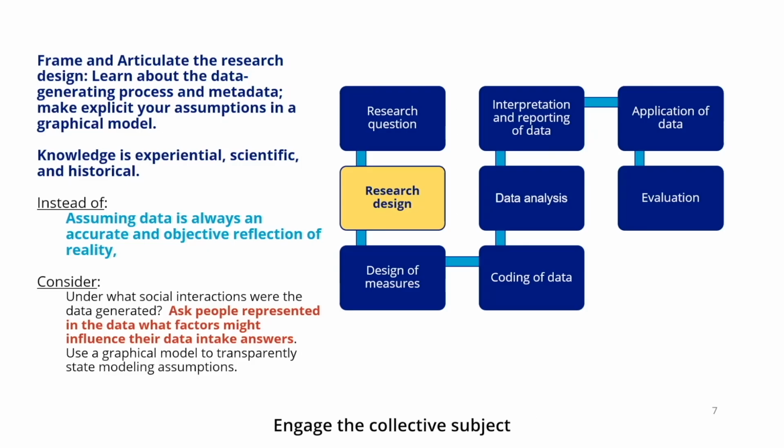Engage the collective subject matter expertise of people whose experiences are represented in the administrative data for social services, for example, to articulate or map the way in which data elements or variables relate to each other using a causal graph. Ask them how the data intake process was for data chat participants, for instance, and what factors might influence their answers.